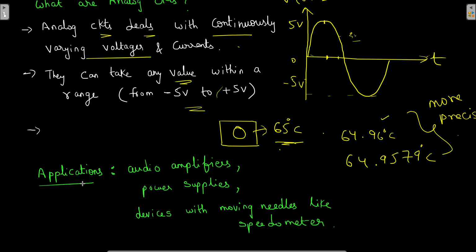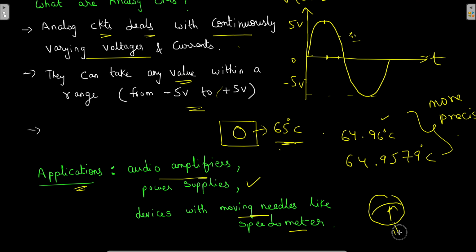Now coming to the applications where we are using analog circuits, we are using them in audio amplifiers, power supplies, and devices with moving needles like speedometer, thermometer, like that. For example, in our labs we are using a voltmeter with a moving needle.